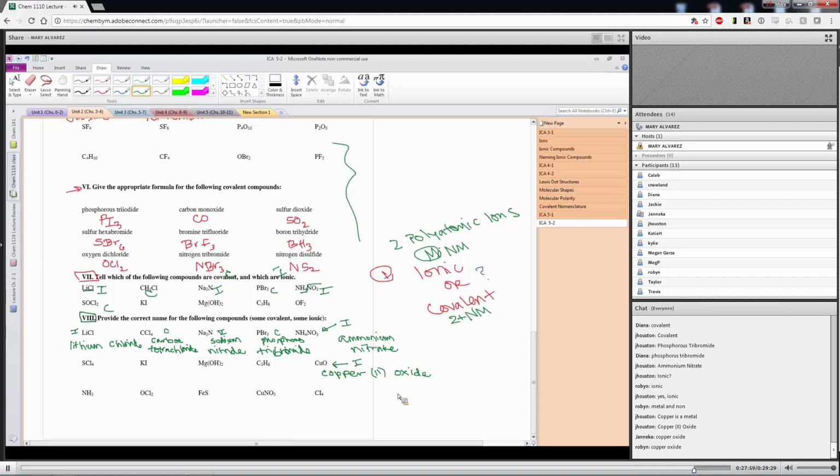Why do I need that 2 in Roman numerals? Because it's a transition metal. You have to tell me what that is. Now, how did you come up with the 2? Where did you get that from?